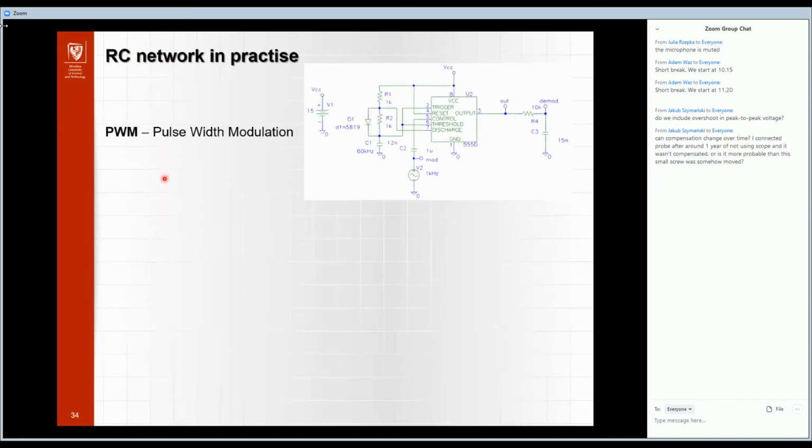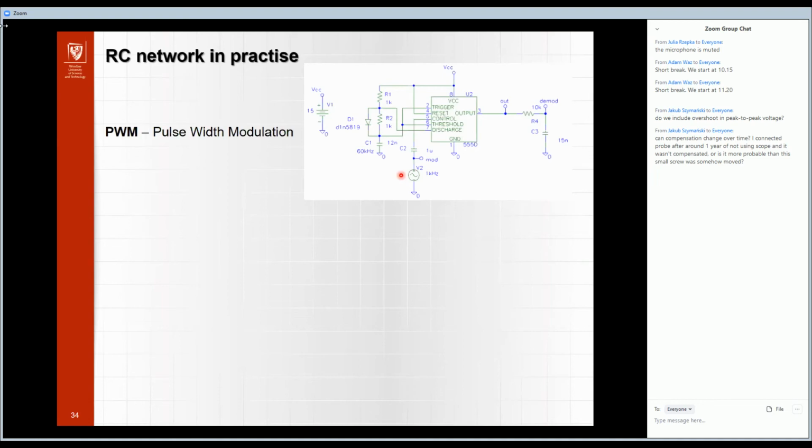Okay, and now pulse width modulation in practice. I told you about this at the beginning. So we have here a generator. It is a very simple 555 generator, and it generates a square wave, and the square wave is modulated with this source.